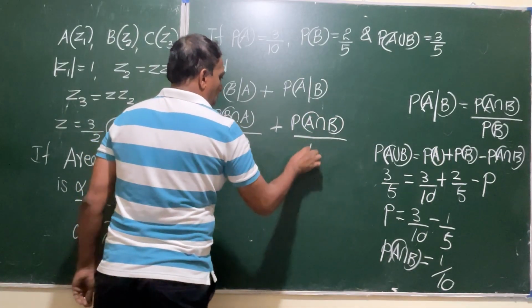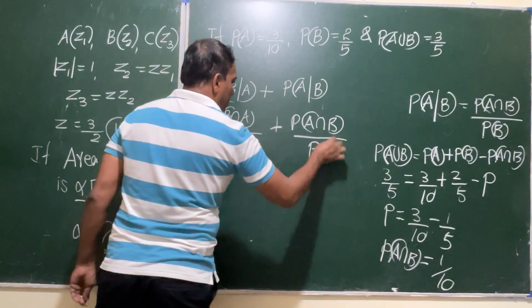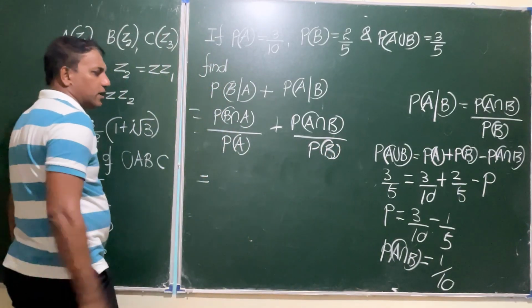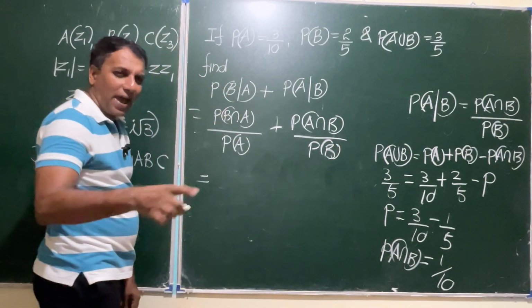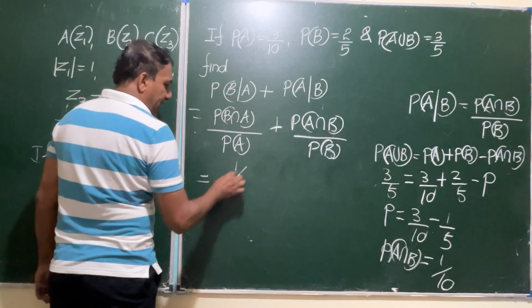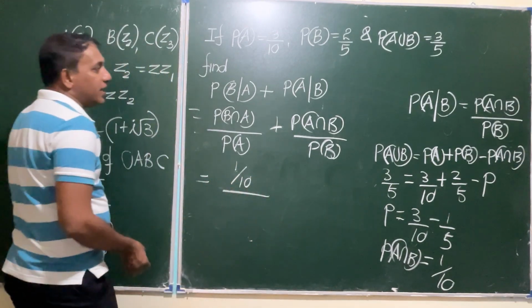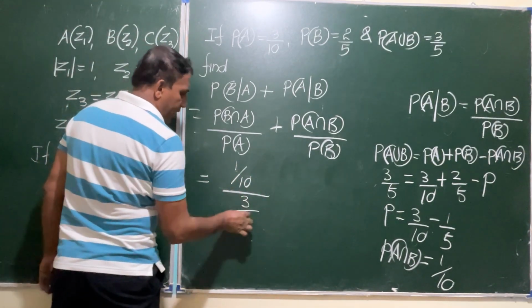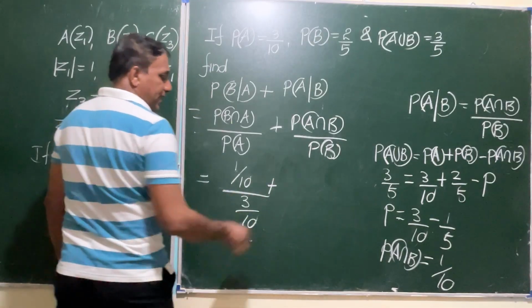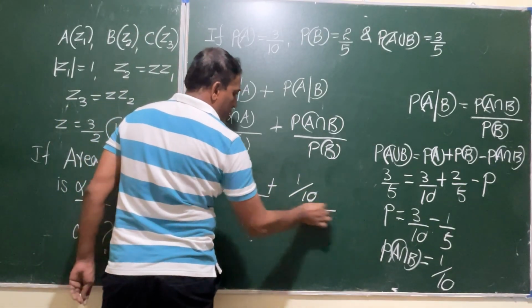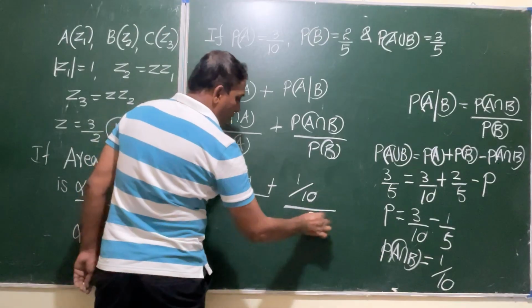Now we apply these known numbers, the fractions of probabilities. B intersect A is the same as A intersect B, which is 1/10, over P(A), which is 3/10, plus A intersect B, 1/10, over the probability of B, 2/5.